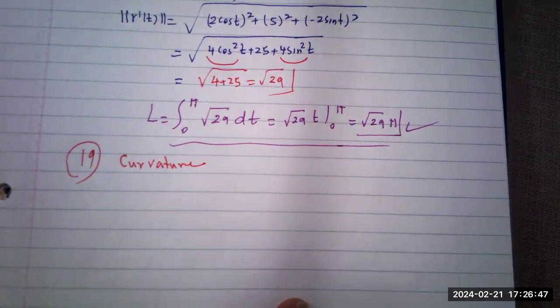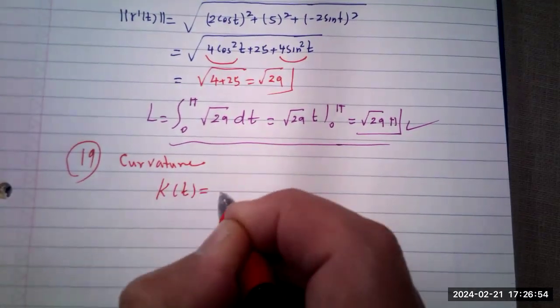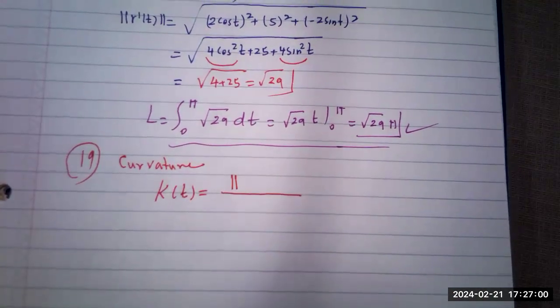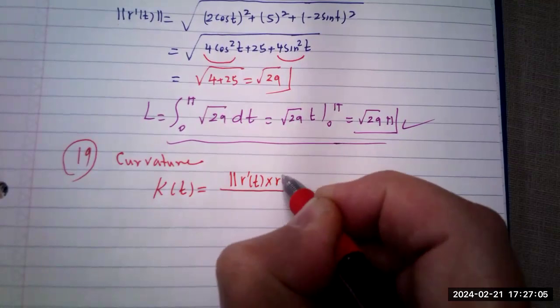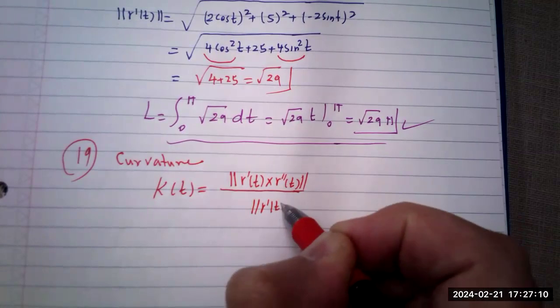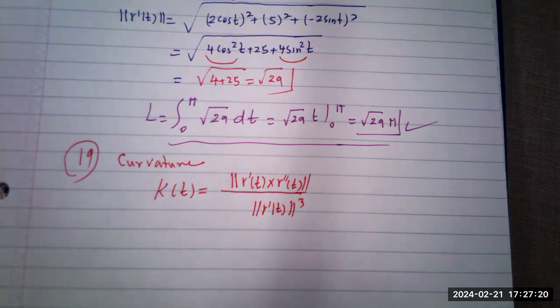Just use the standard formula to find it, which is kappa of t equal to the norm of r prime of t cross r double prime of t, divided by the norm of r prime of t all cubed. There is nothing like that maximum minimum that I talked about, that was just for your information.